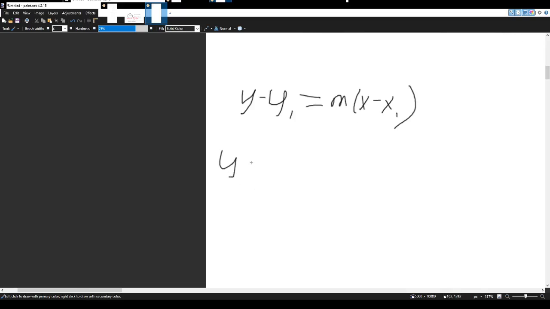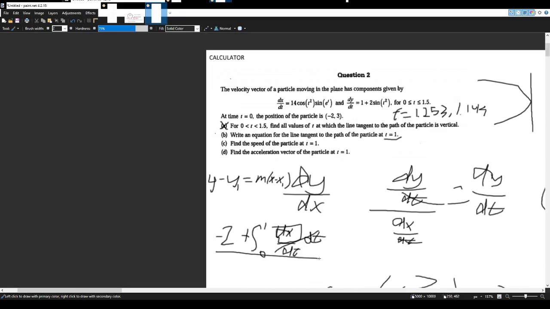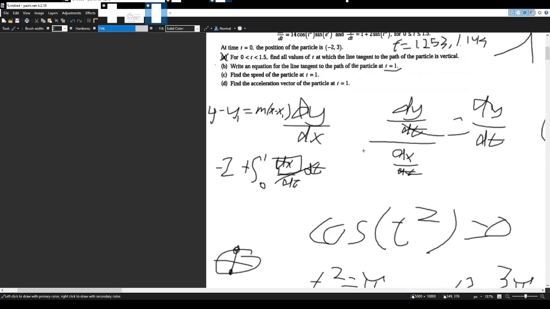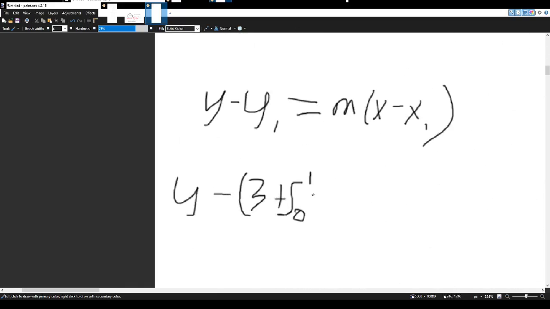For the y1, the starting y is 3, and then we're going to add the integral from 0 to 1 of 1 plus 2 sin t squared dt.